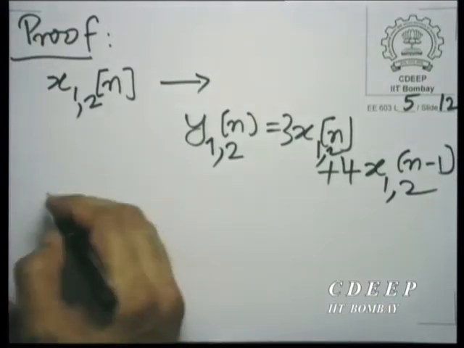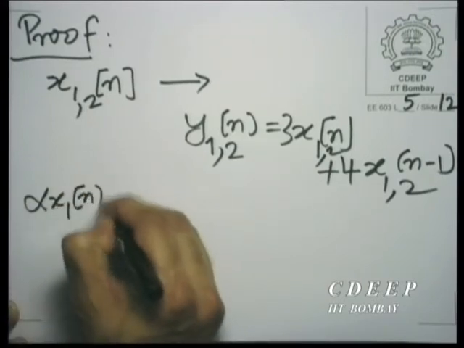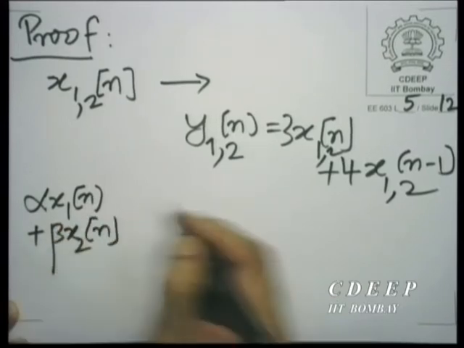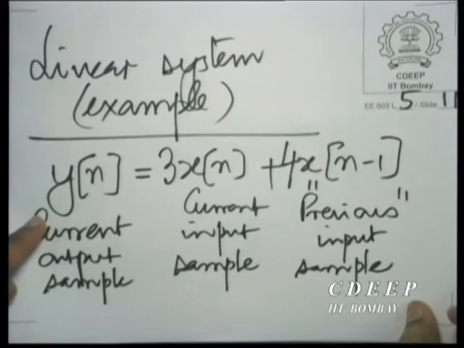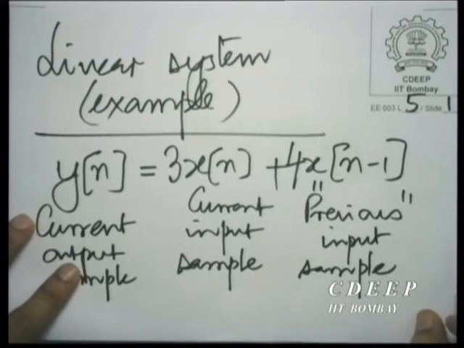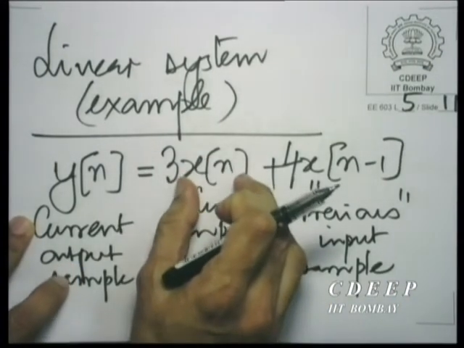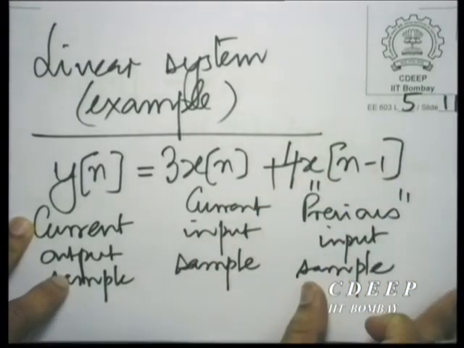Now, let me give it alpha times x1 plus beta times x2. And let us write the output down on the next page. Now, you must be careful. Here it is all right, because it is almost transparent. The output is going to be 3 times the input here plus 4 times the past sample of the input, and let us write that down clearly.